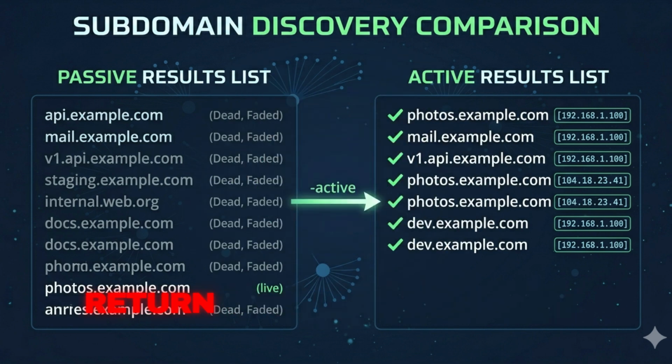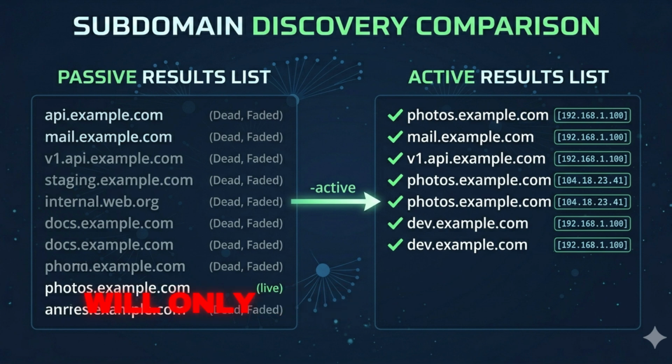Passive sources sometimes return old or invalid subdomains. That's where -active comes in, since it performs live DNS lookups using resolvers you specify. Example: subfinder -d example.com -active -r 8.8.8.8,1.1.1.1.